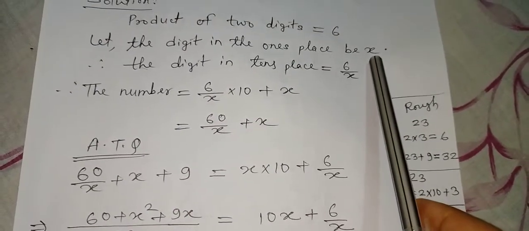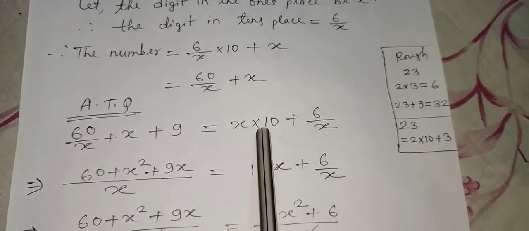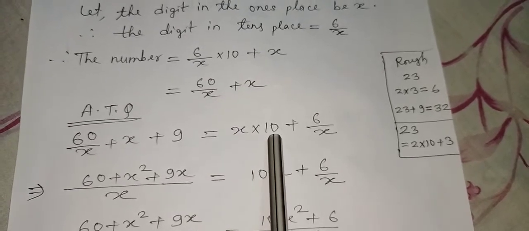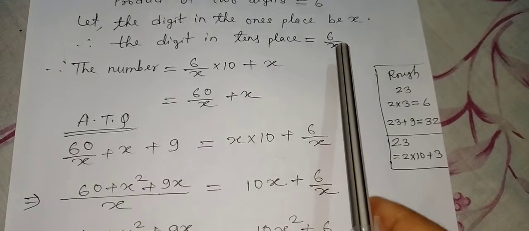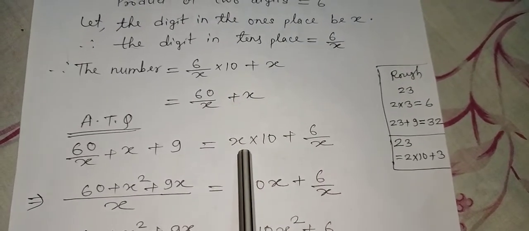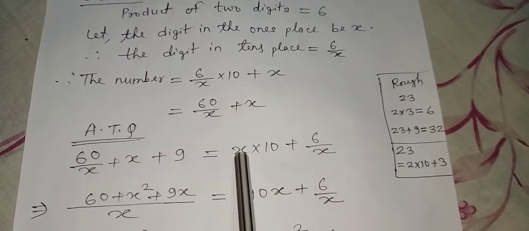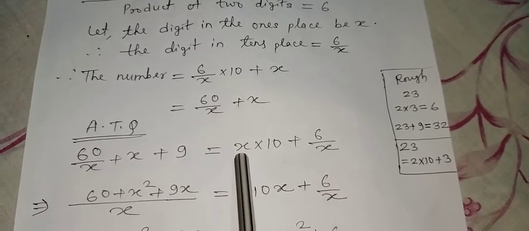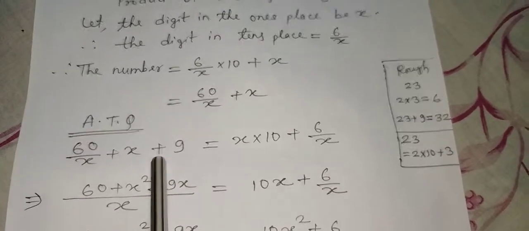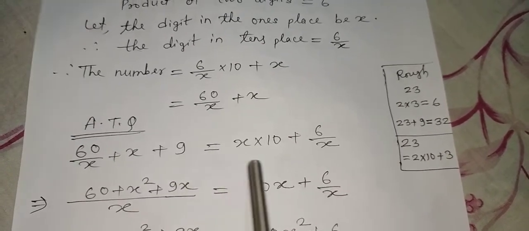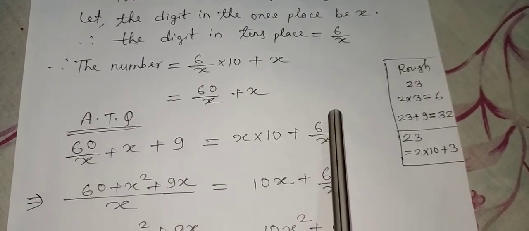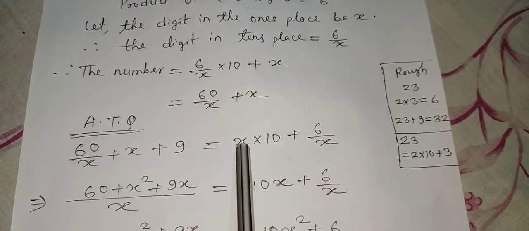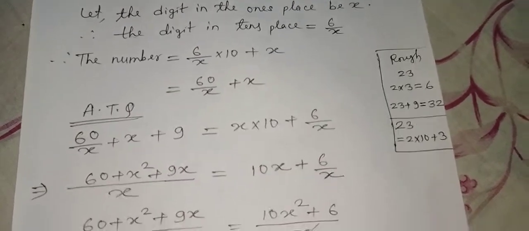And x is actually the ones digit, but here it has become tens. That's why I am multiplying x by 10, because I have said the tens digit should be multiplied by 10. Actually x is the ones digit, but here it became the tens digit. Why? Because when 9 was added to the number, the digits got interchanged. So similarly you can see here the tens digit has become ones and the ones digit has become tens, so that's why it is multiplied by 10.